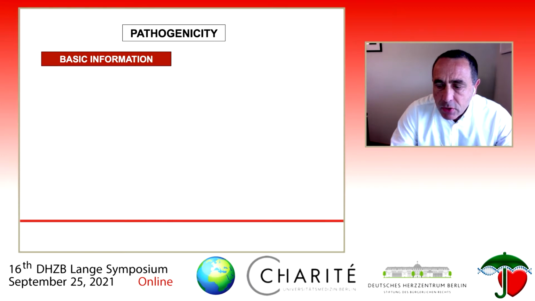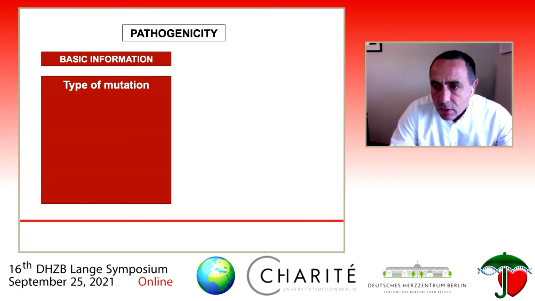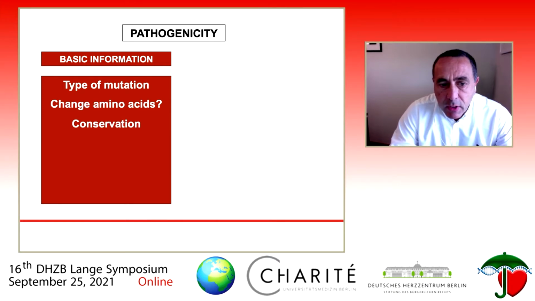For the interpretation, the first step is to establish, of course, the pathogenicity. For this, we use basic molecular information and the type of mutation. Is the mutation truncating the protein, or is it just a change in one nucleotide? Does it change the amino acid encoded in the original protein? We evaluate the conservation of the affected nucleotides or genetic regions in evolution.